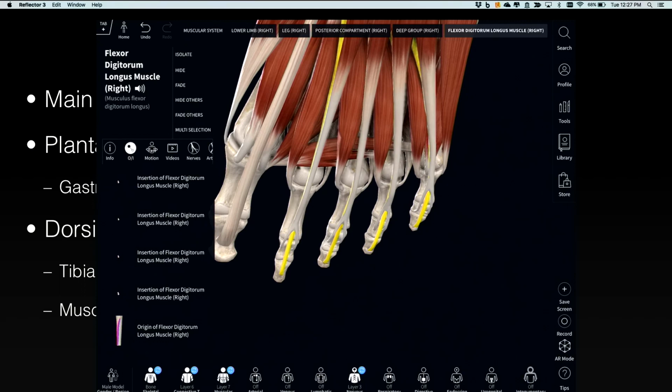And so it also has two actions. One, it's going to plantar flex the foot, but that's not its main action. You sit there and make fists with your toes. That's the action of flexor digitorum longus, curling the toes inwards underneath the foot.